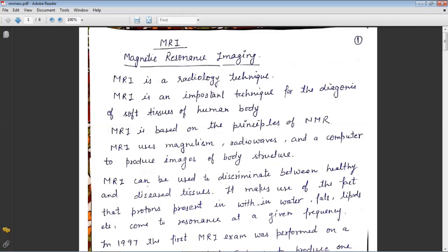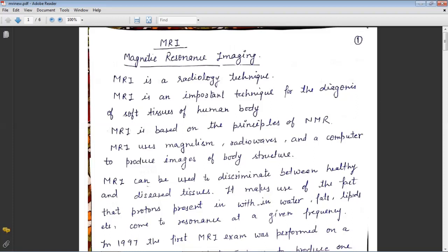MRI is an imaging machine, and it uses magnetism, radio waves, and a computer to produce images of a body structure. So this is the basic introduction of MRI.